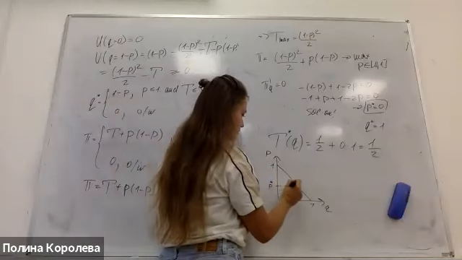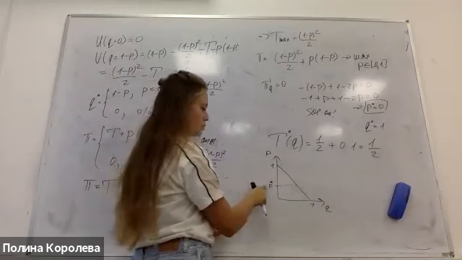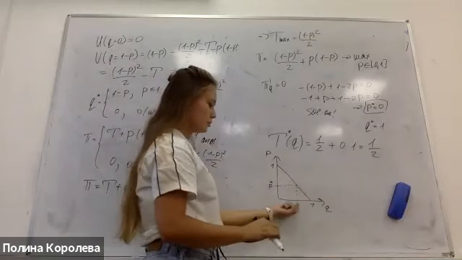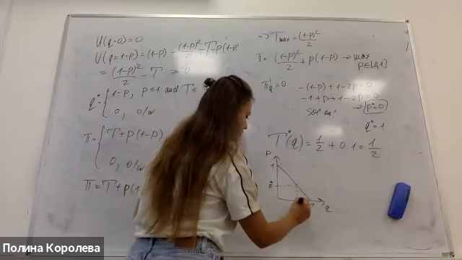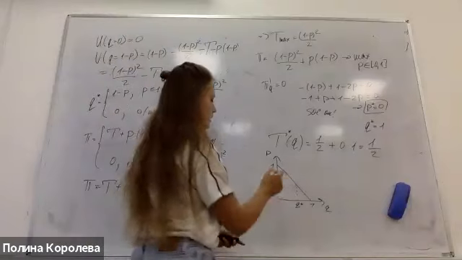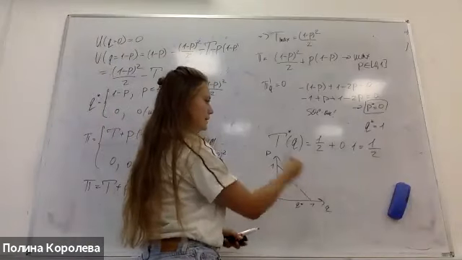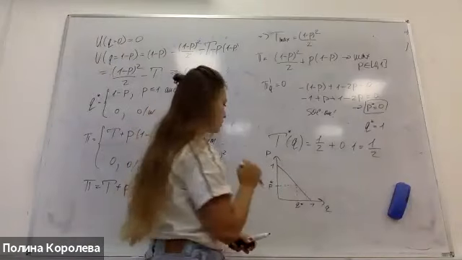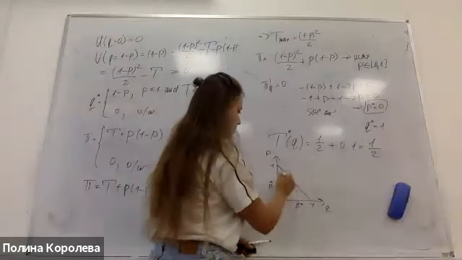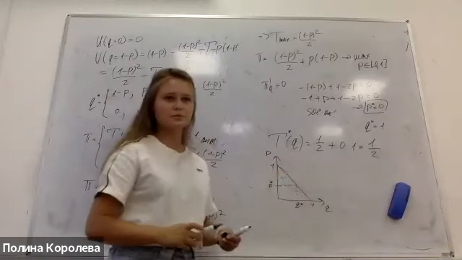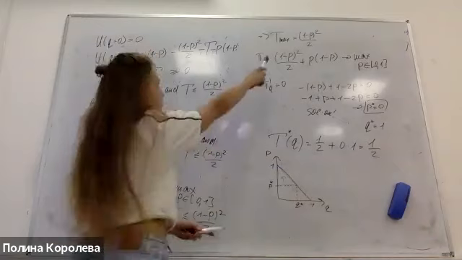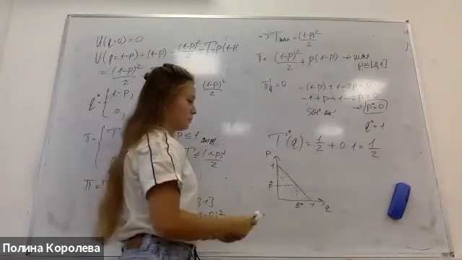So our firm will charge such price, consumer will buy such quantity, and our firm will take as entry fee all consumer surplus of our consumer. Yes, that's entry fee, maximum entry fee.